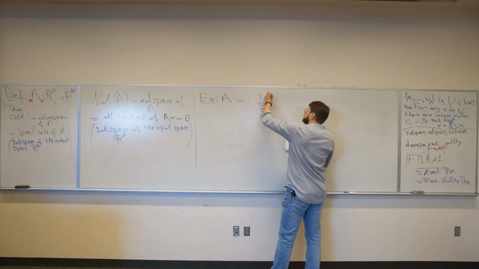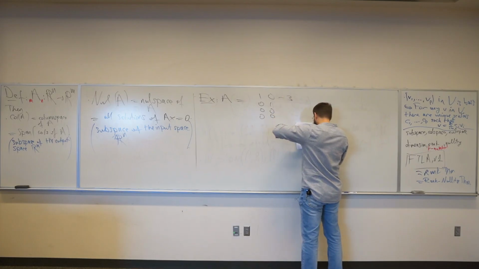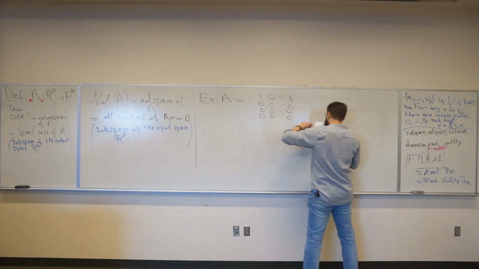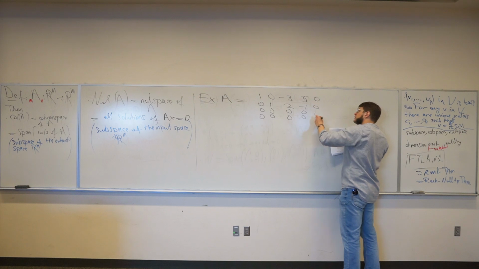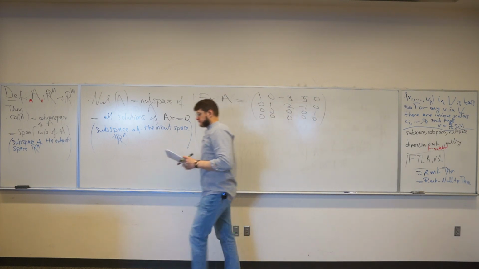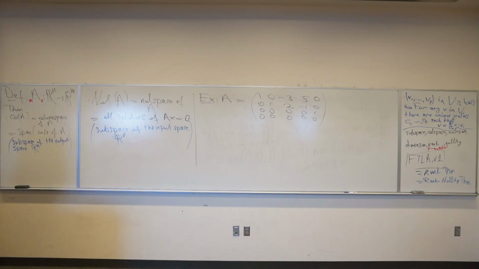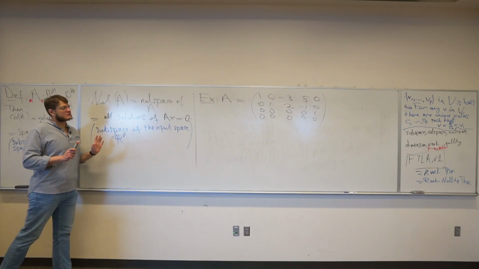The matrix has rows 1, 0, minus 3, 5, 0; 0, 1, 2, minus 1, 0; 0, 0, 0, 0, 1; and a row of zeros. So I want to understand the column space and null space of this matrix. First of all, the first thing we look at, as usual, is the number of rows and columns.